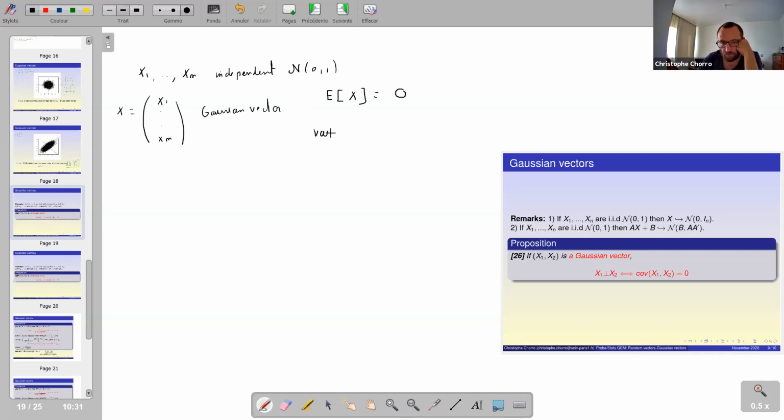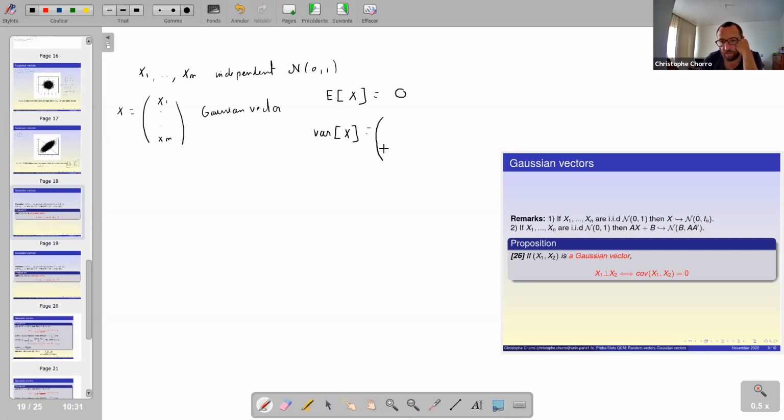And I have also to give explicitly what is the variance of X. Since they are independent, if I take the covariance between two different ones, I obtain 0. And if I take the covariance of X1 and X1, I obtain 1, that is the variance. Covariance of X2 and X2, I obtain 1, and so on.